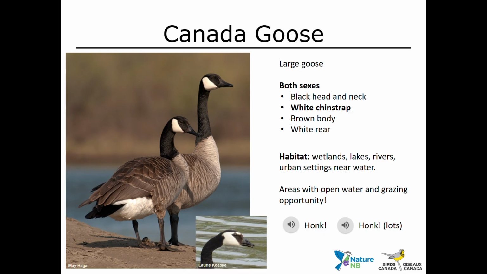They can be found in wetlands, lakes, rivers, and urban settings near water. Basically, any area that has open water and opportunity for grazing. And their vocalizations are pretty characteristic goose-like honking. So let's take a listen to that.